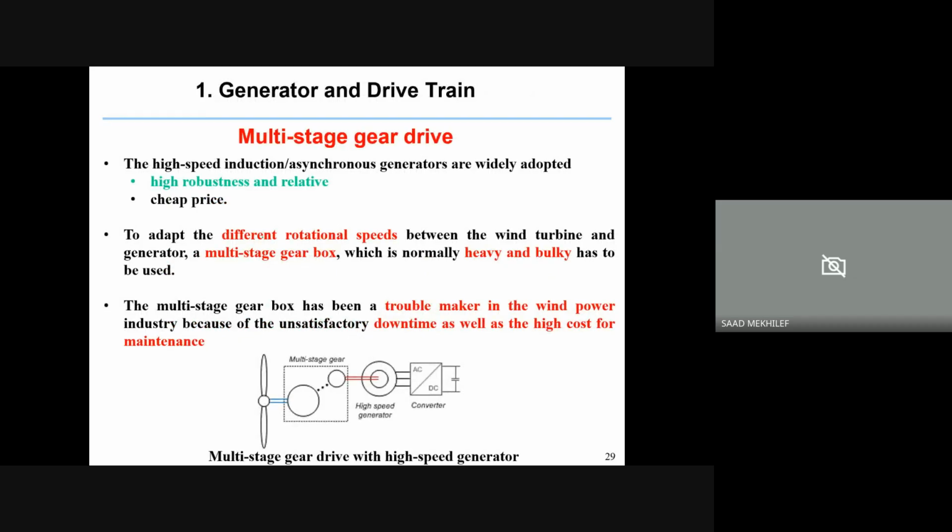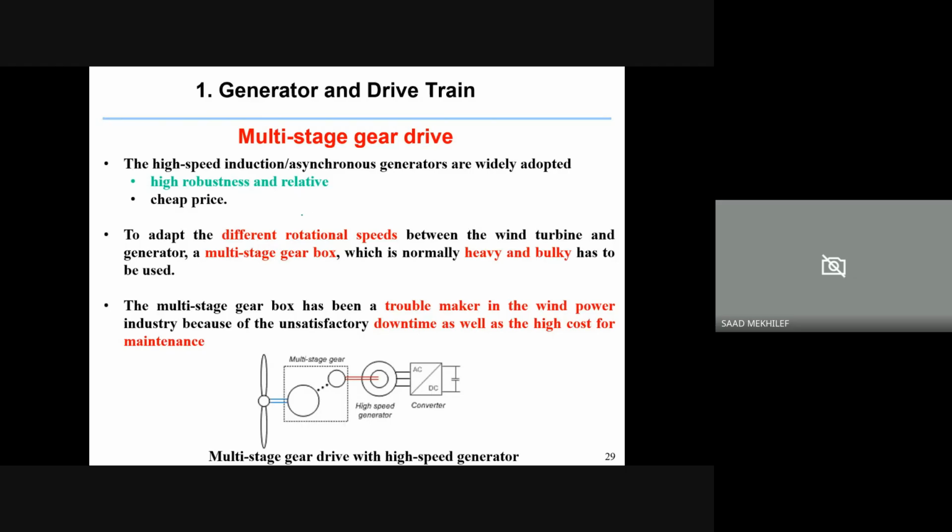In terms of the generators, actually, the multi-stage gear drive. We used to have a single stage gear drive.